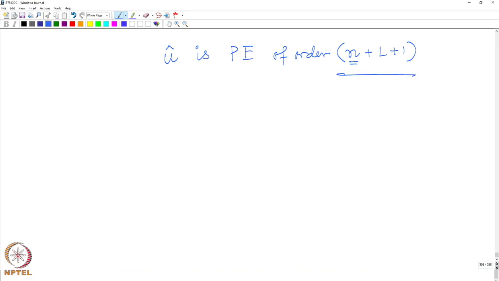Now, let us see why this is true. If u hat is persistently exciting of this order, then the following will happen. Let me write down some matrices.